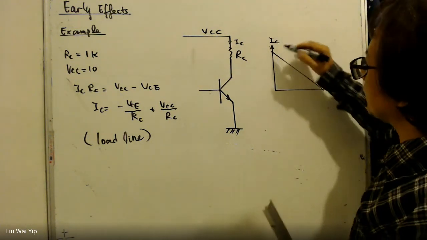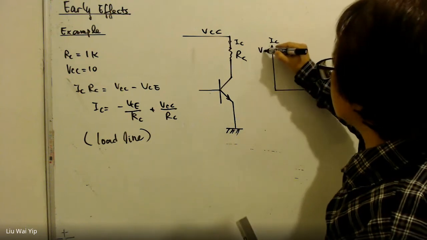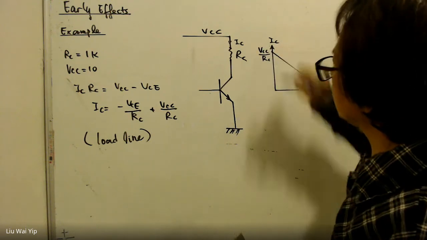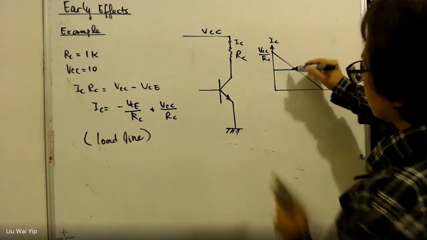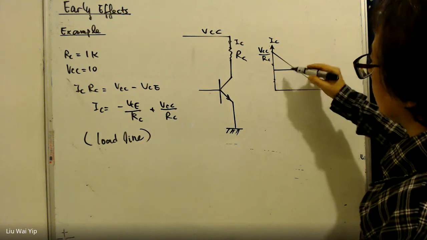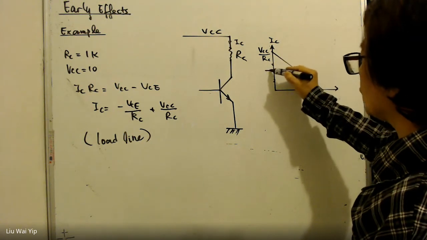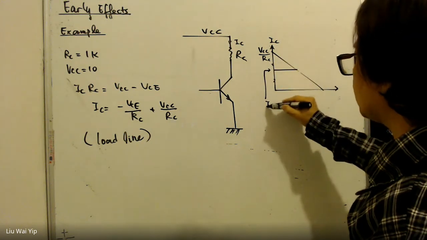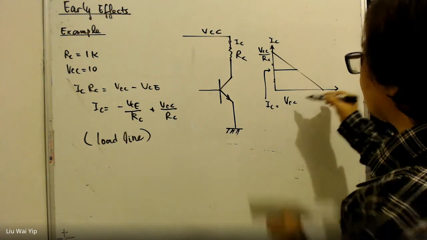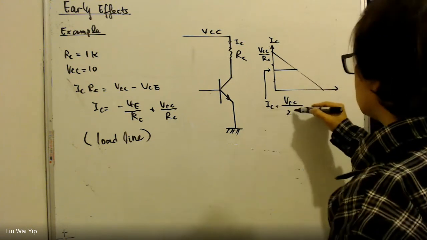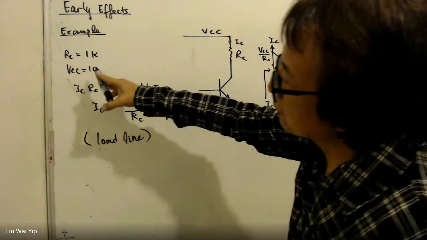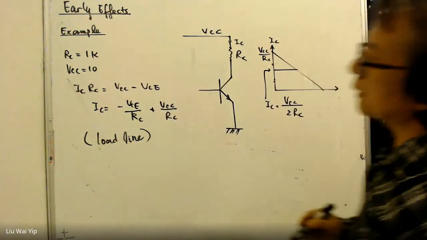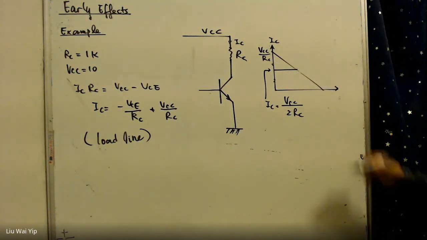The y-intercept here is VCC over RC. And of course, we want maximum swing, so we want it to be in the middle. The current that we end up with here is VCC over 2RC. So this is the current we have got. VCC is 10, RC is 1K.